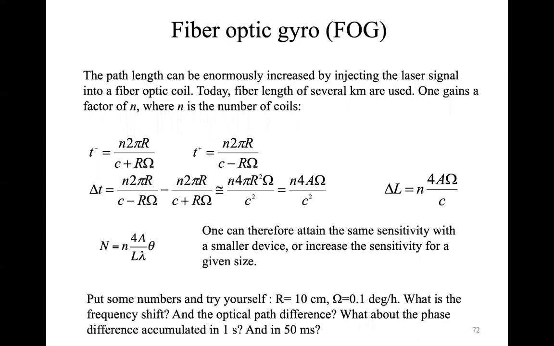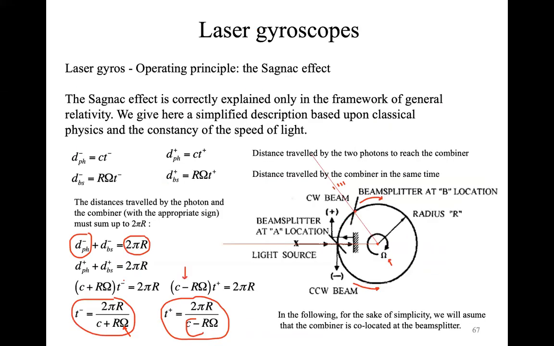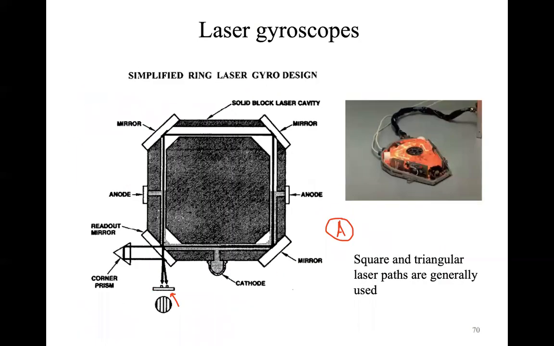Assuming that you're still having a ring like this one, but since you have different coils turned around in this path, the two beams are going to go through this path multiple times, let's say n, with n the number of coils. And so you are indirectly increasing the area of your gyroscope. How are you increasing the area?